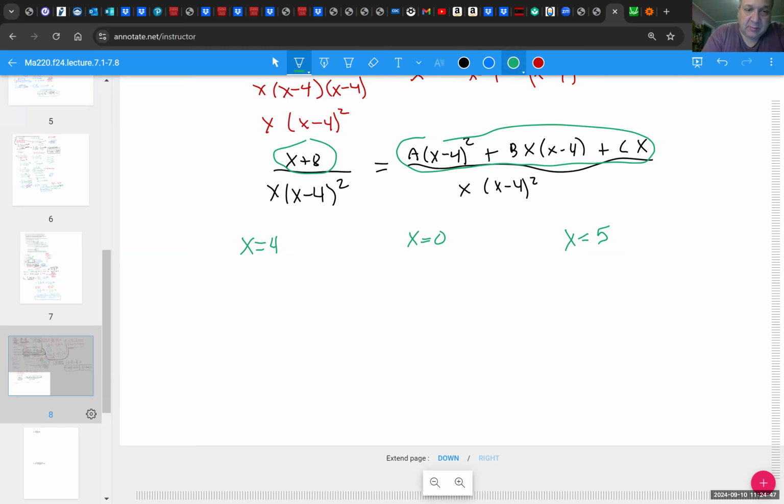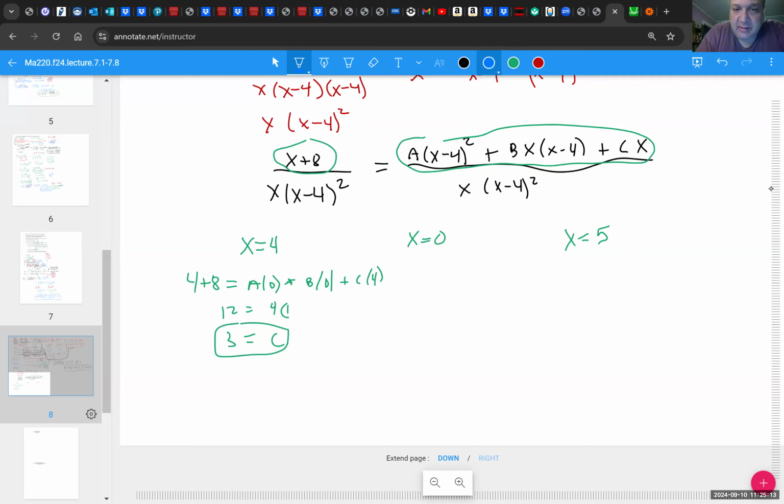I get 4 plus 8 equals a times 0 squared is 0. b times 0 is going to be 0. And then I get plus c times 4. 4c, or c is equal to 3. So I know my value of c.